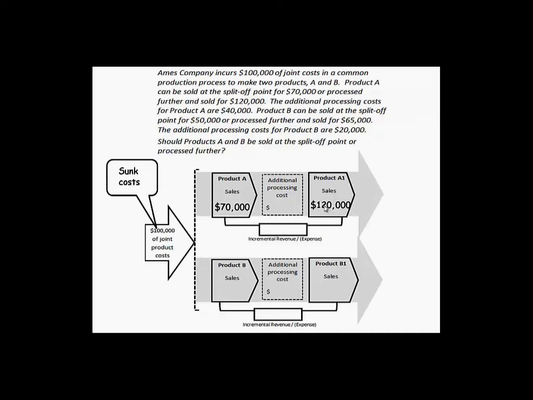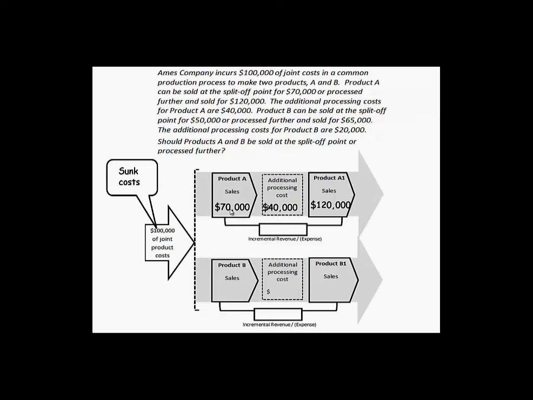However, we also have to consider the incremental processing costs associated with product A. In this case, those incremental processing costs are $40,000. So if we take a look at the incremental revenue or expense, we take total sales of $120,000, subtract out the product A sales of $70,000, which leaves us with $50,000.